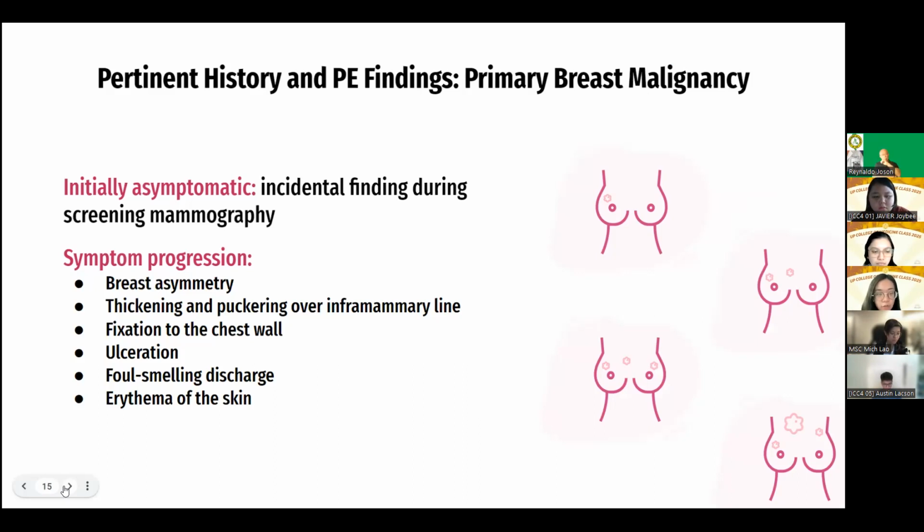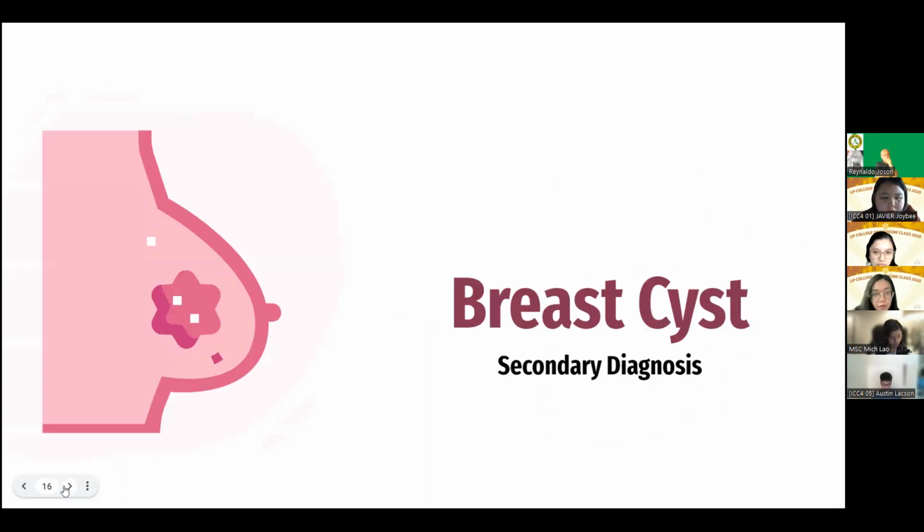Over time, she noticed the breast asymmetry, the thickening and puckering over her inframammary line that grew over time, a foul-smelling discharge, ulceration, fixation to the chest wall or immobility, and erythema of the skin of her breast. They all point towards a breast malignancy and even indicate a locally advanced disease. So those are the pattern-based factors for the first diagnosis.